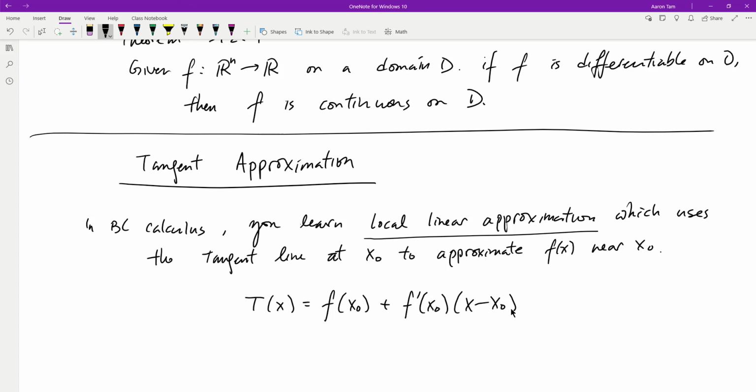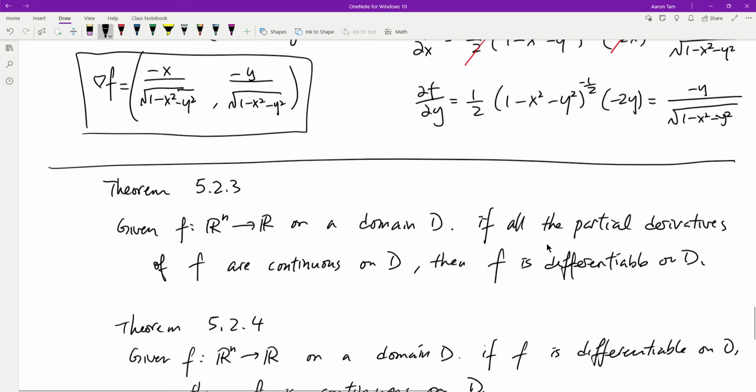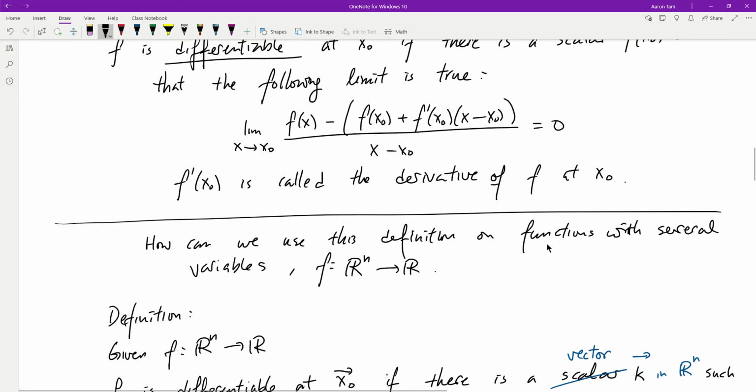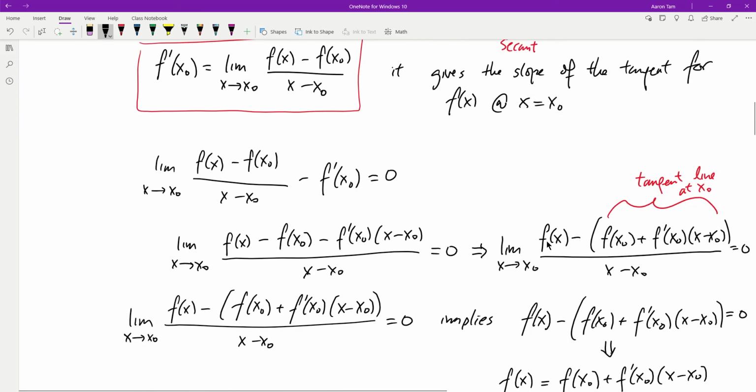And some of you may automatically have a deja vu because you've seen this. This expression is what we call the tangent line in our definition of differentiability for function map from R to R, right there.